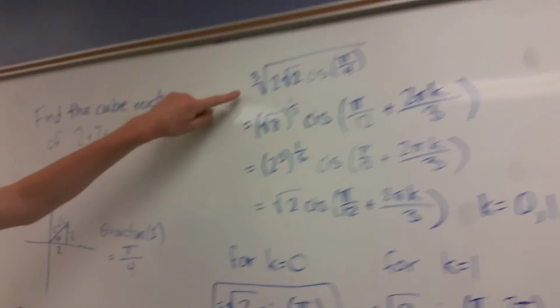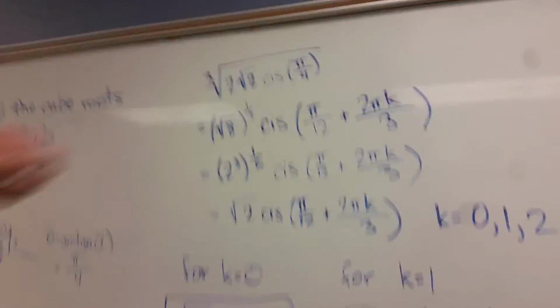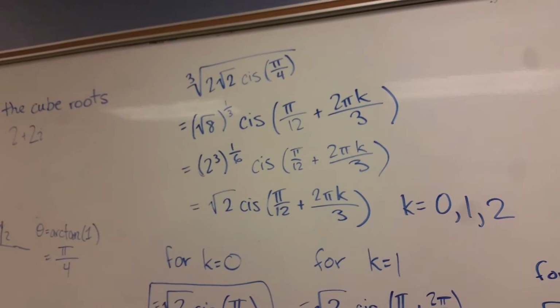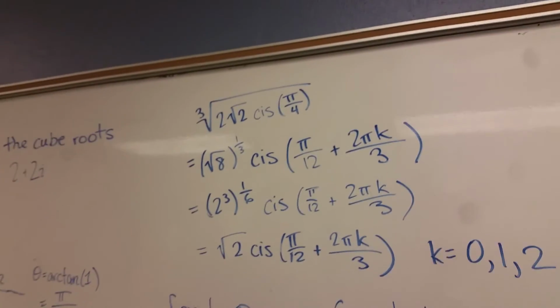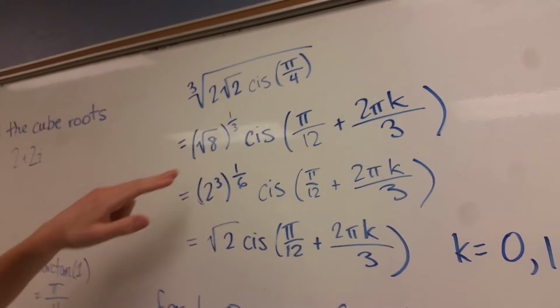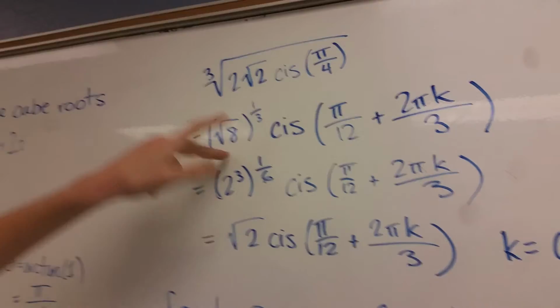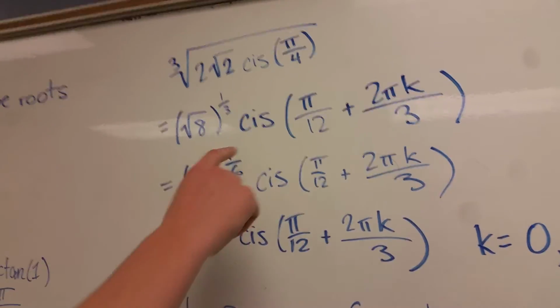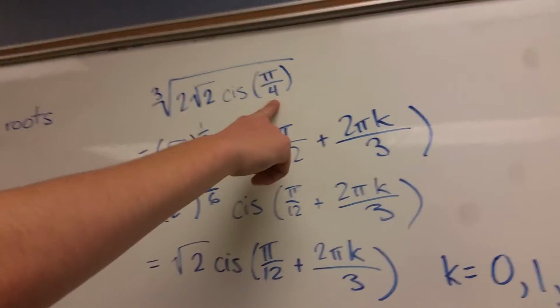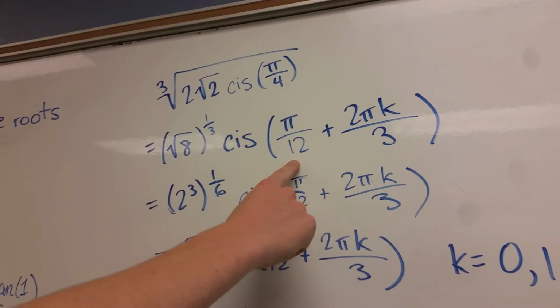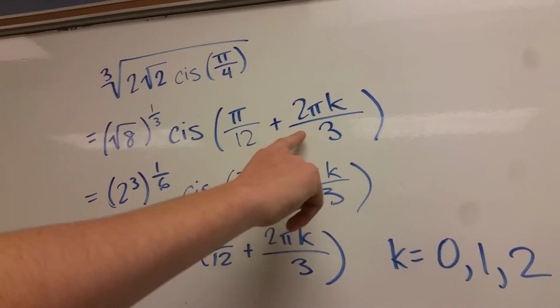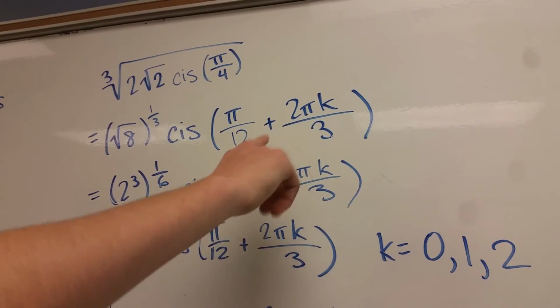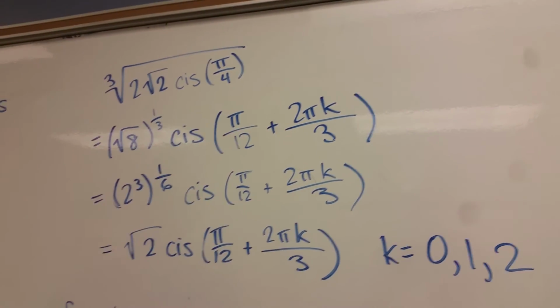So what we're trying to find is the cube roots. To make things a little simpler, I started by rewriting 2 root 2 as the square root of 8. That's to the 1/3, because we're taking the cube roots. And then we have cis of pi over 12, which is pi over 4 divided by 3, plus the 2 pi k that you're adding over the 3 as well.